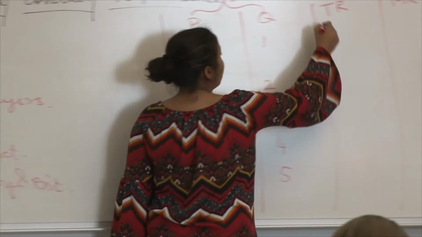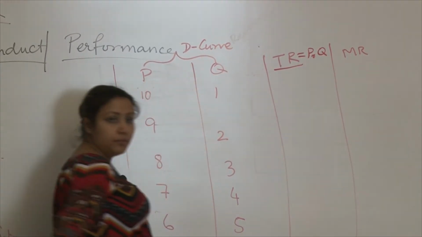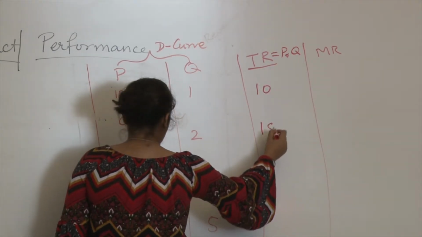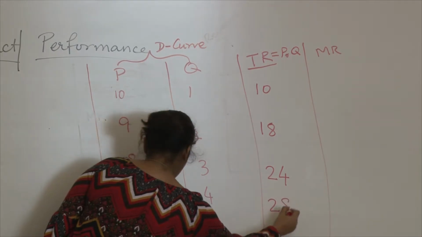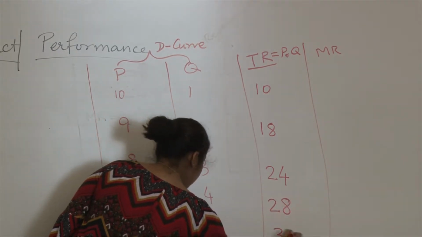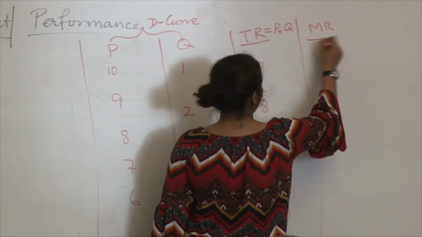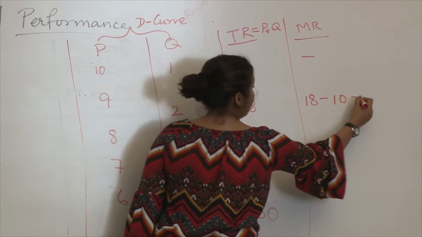Now if I want to get total revenue from here, total revenue will be price times quantity, correct? So this will be 10, 18, 24, 28, correct? Now if I try to get the marginal revenue, then marginal revenue will be 18 minus 10.